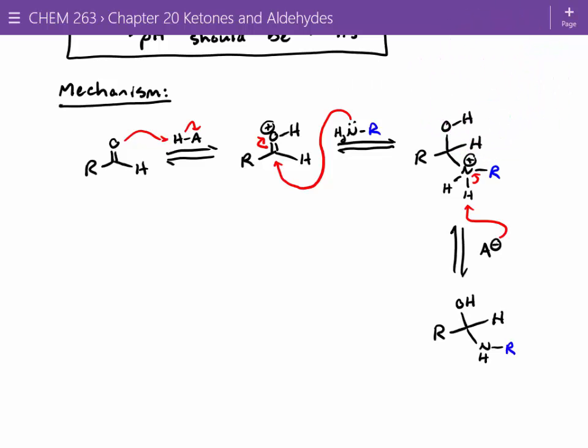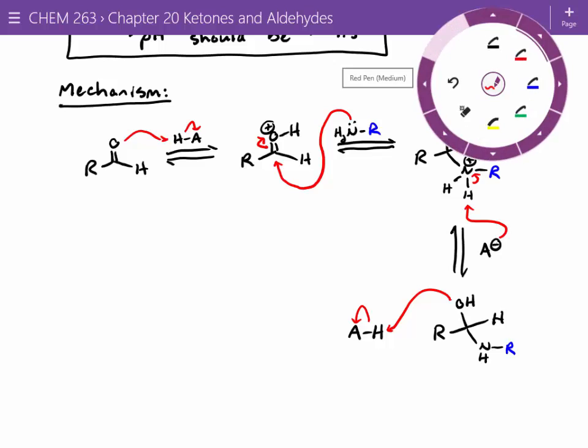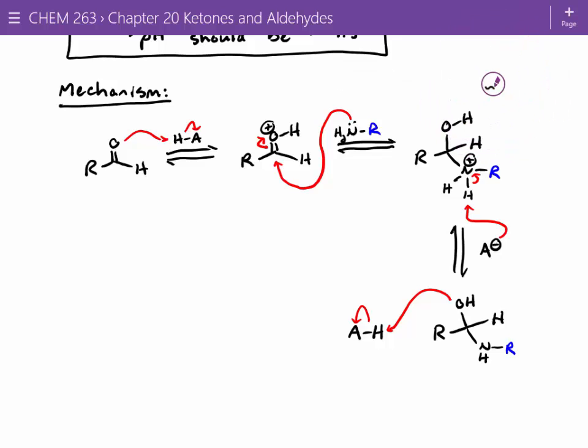And then we have our acid hanging out that we regenerated, so we can protonate our alcohol, just like we saw with the acetal reaction. That turns that alcohol into a very good leaving group.